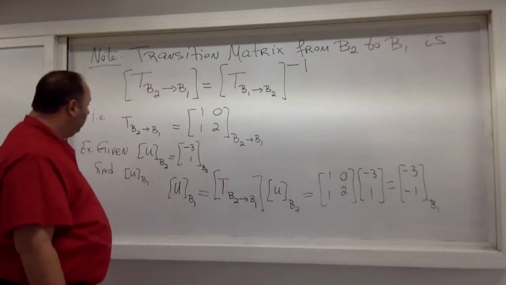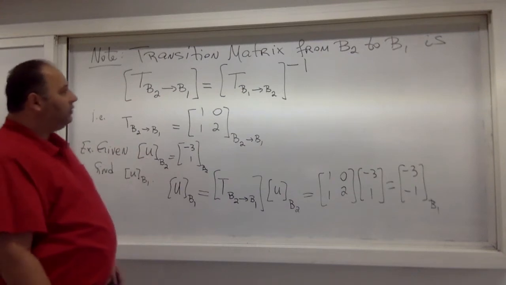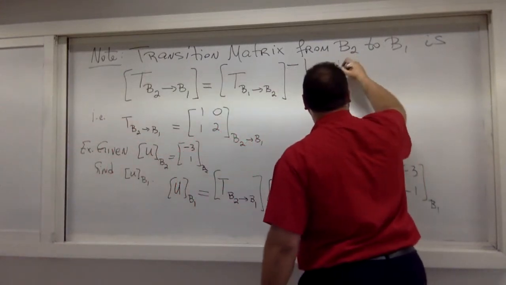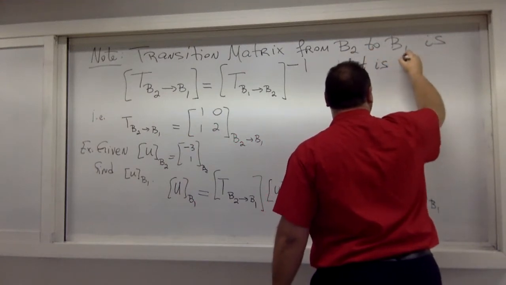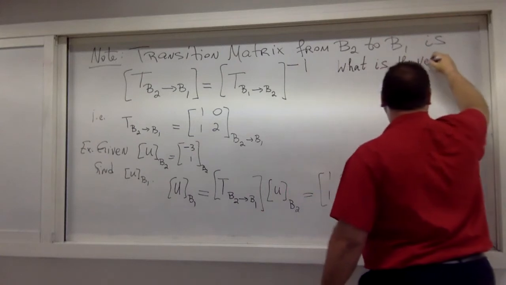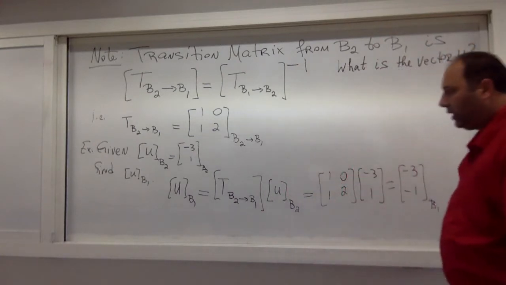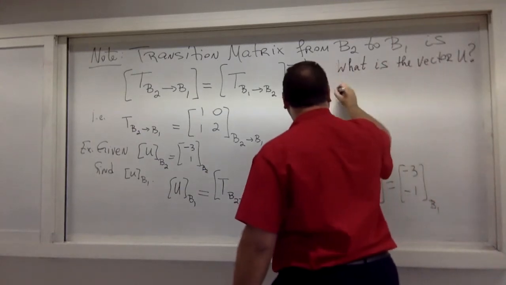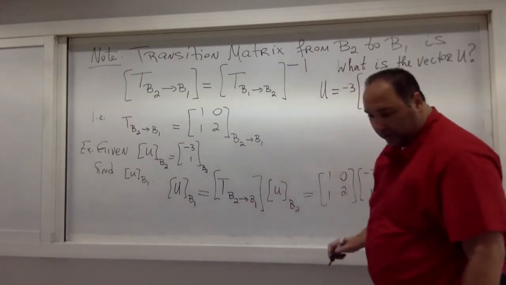Just for fun, I'm still wondering who's u. Who's the vector u? We said, well, u is -3 times the first vector of B1.